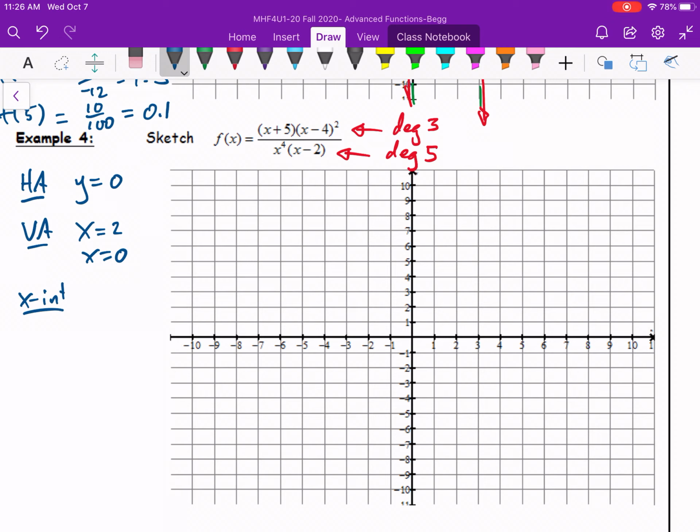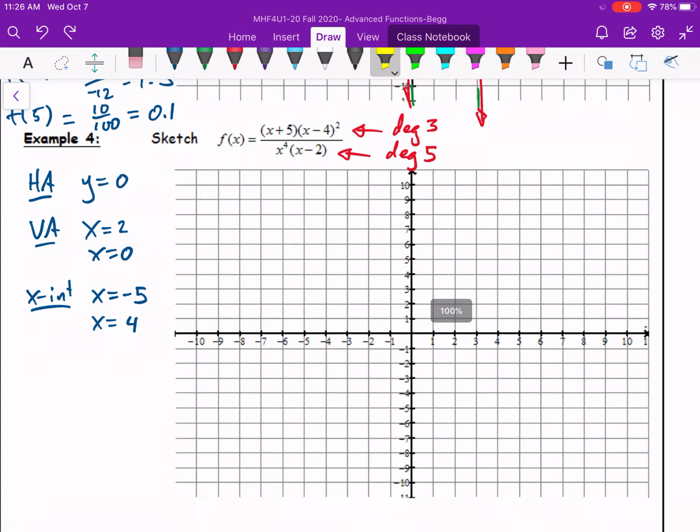So for the first bracket, we have a 0 at x equals -5. For the second bracket, we have a 0 at x equals +4. So you put the two together, and you got 2 places that it crosses the x-axis. Again, you can see that we've got a vertical asymptote on the y-axis, so we know we're not going to have a y-intercept. We can just skip that part.